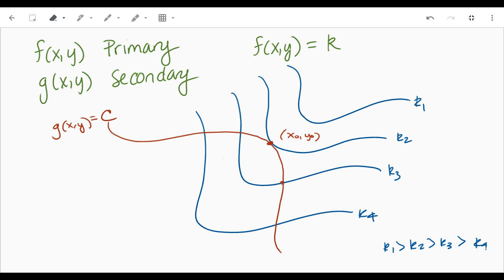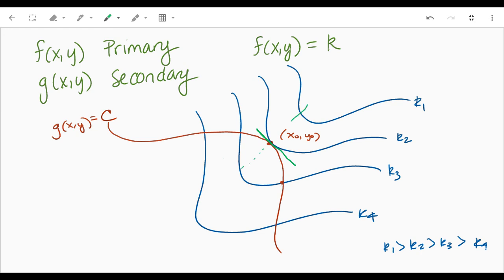And what happens there, it's very handy, is that they share a tangent line there. Which means that they share a normal line there, right? If they have the same tangent line at that point, that's just how your constraint will intersect your level curves, and there will be a tangent line there. Which means then that the normal line would be the same.